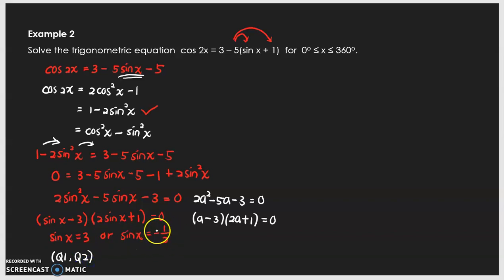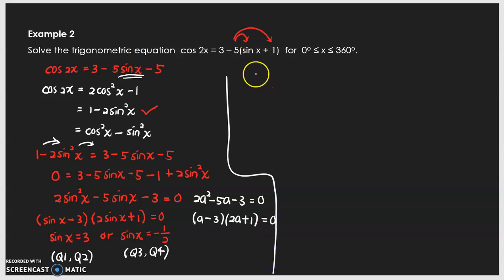For sin to be negative, it can be in quadrant 3 and quadrant 4. Next, x equals sin inverse 3. If you are using your calculator, this gives a Math Error. Math Error means that for this part there is no solution.